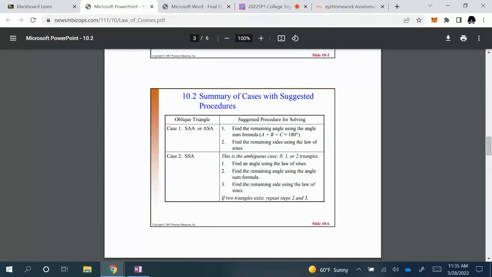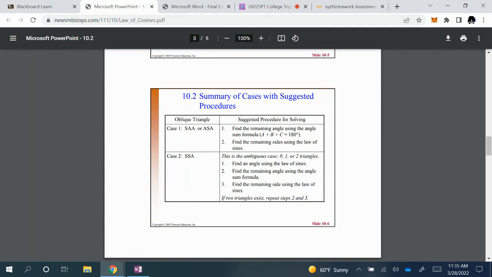All right. But there may be some instances in which you may be asked to solve an oblique triangle. So here are some of the suggested procedures. Now, they're not so much used for our course because they tell you what they want you to find. But just to be thorough, I must go through these suggested procedures.